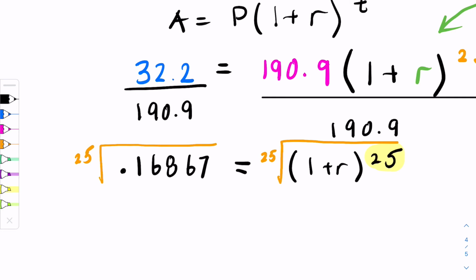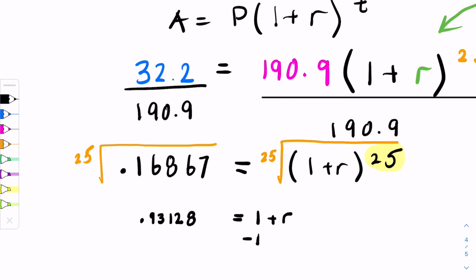The 25th root of 0.1686747 is 0.93128, and this is equal to 1 plus r.